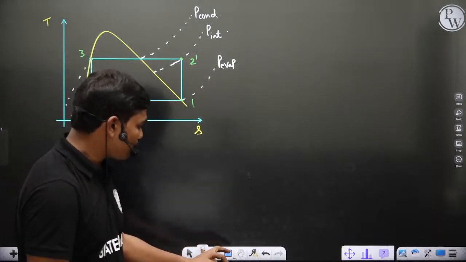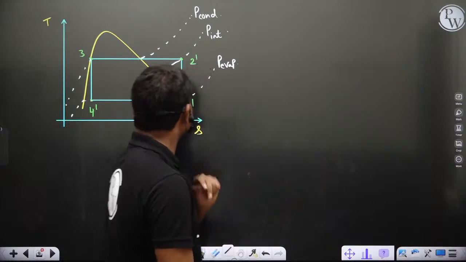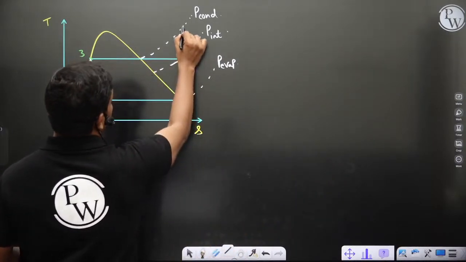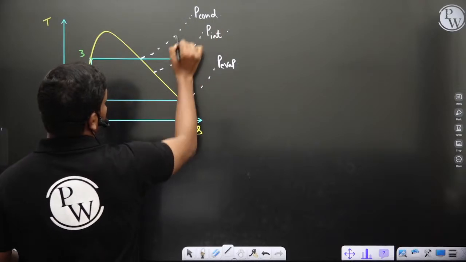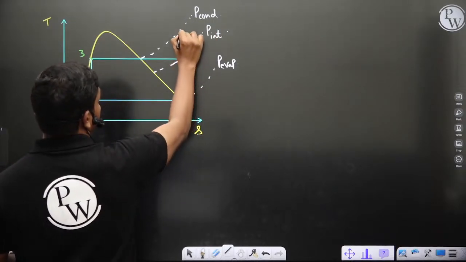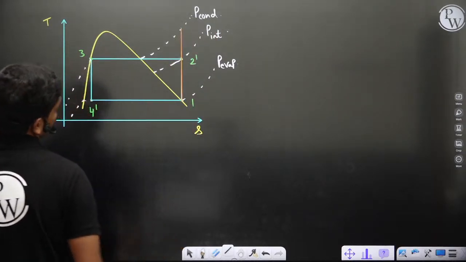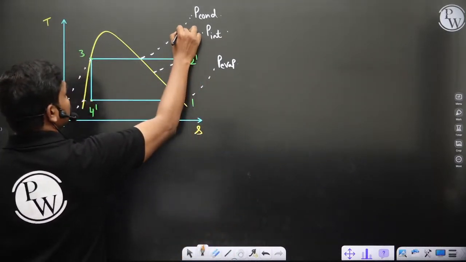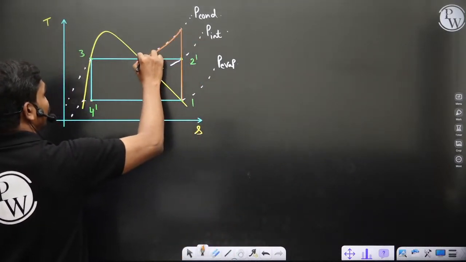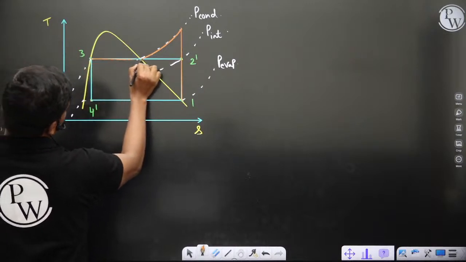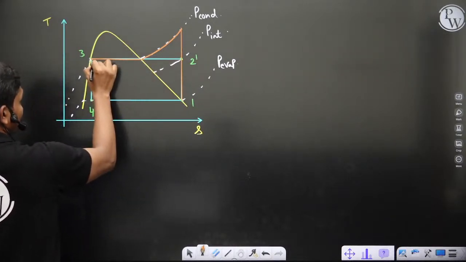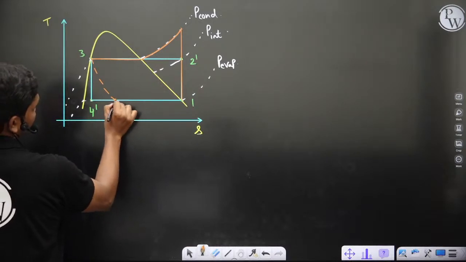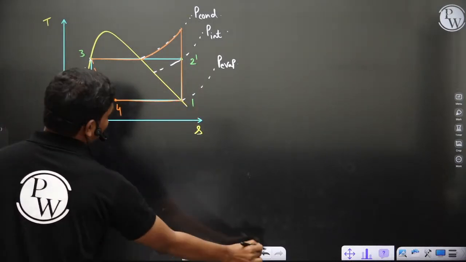Now, if you plot this standard VCRS, see how it turns out. Now 1 to 2, clearly, 2 to this point, which is 3, and 3 to 4 is something like this, and 4 to 1, which is again along this line.